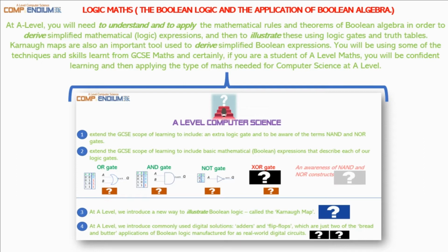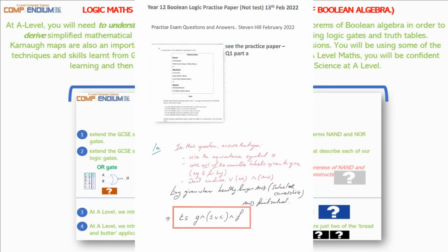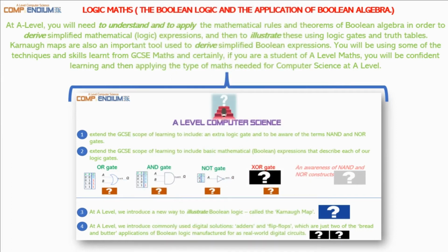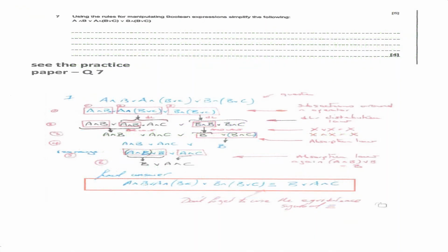So to support you guys, I put together a number of packs which are essentially past exam paper questions which are specifically to do with Boolean logic, algebra, flip-flops and adders. I've actually gone through each of those questions myself and given you the worked examples of how to get from the question to the correct solution. Those are available for you. I will give those to you in the classroom.